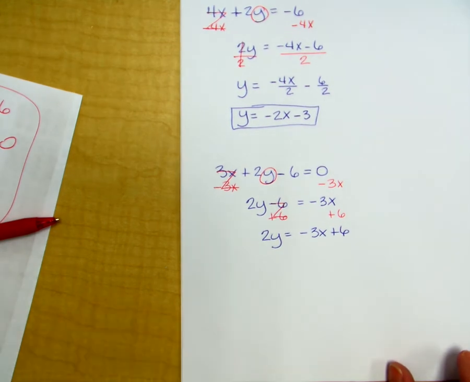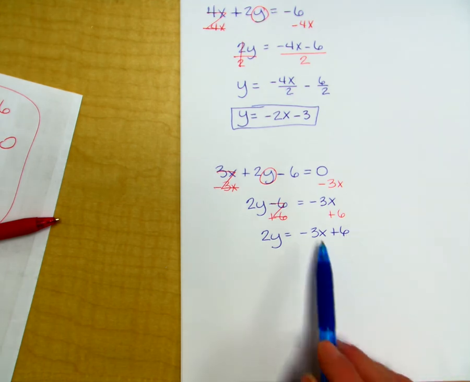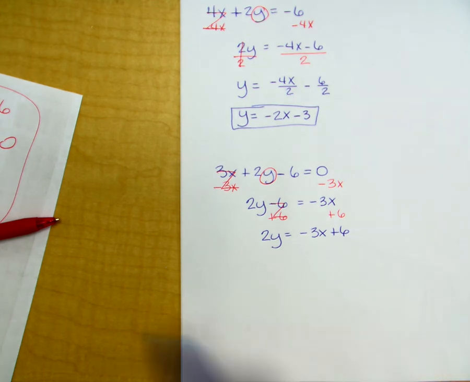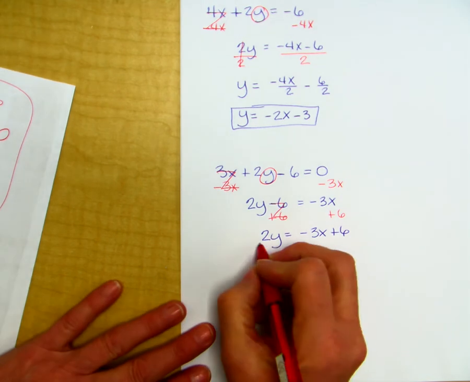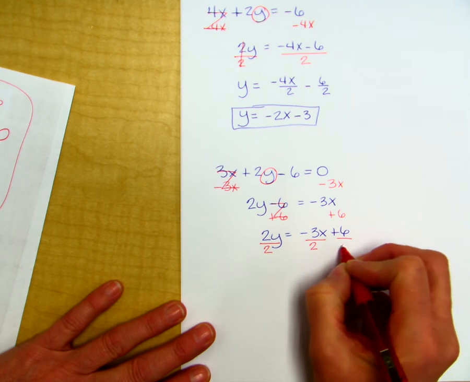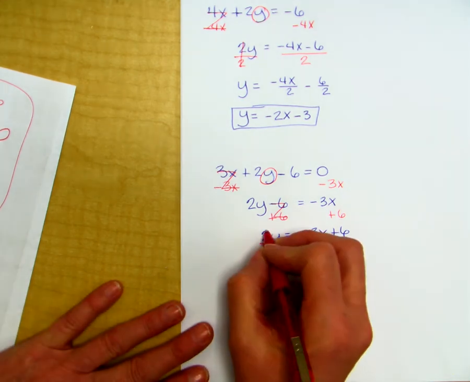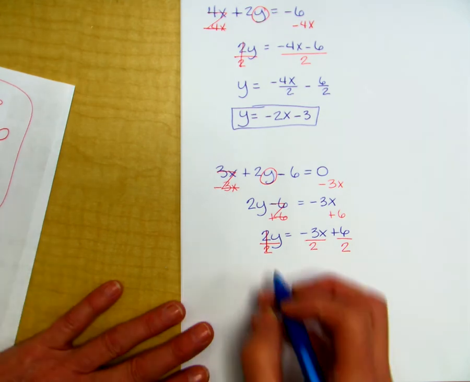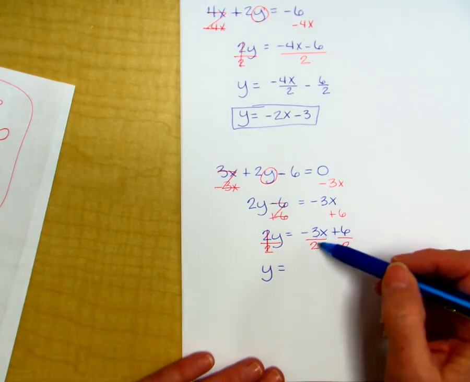Now, in the previous example, we divided this whole side by 2 and then saw how we could split that up into 2 fractions. In this case, then, the easiest thing to do is to just go ahead and divide every single term on both sides by that 2, and then simplify. A little bit less work on our part. Here we have -3x over 2.